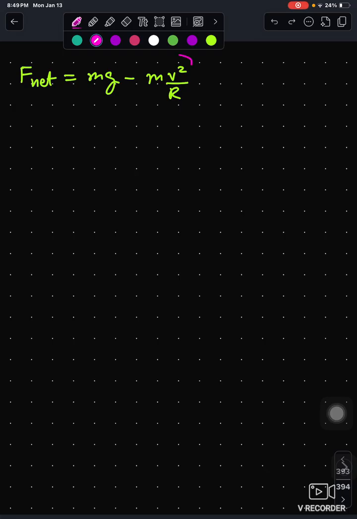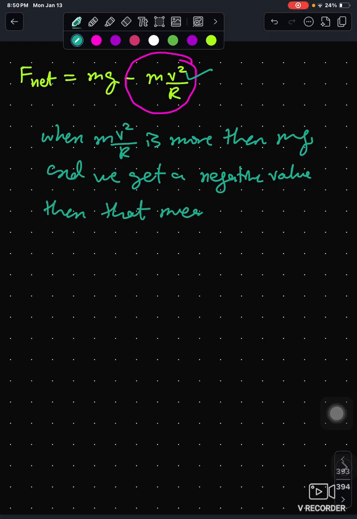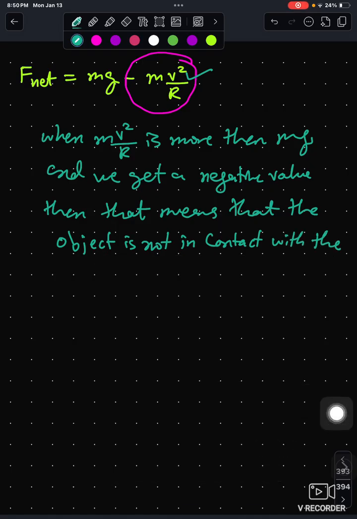When mv square over r is more than mg, and we get a negative value, then that means the object is not in contact with the ground.